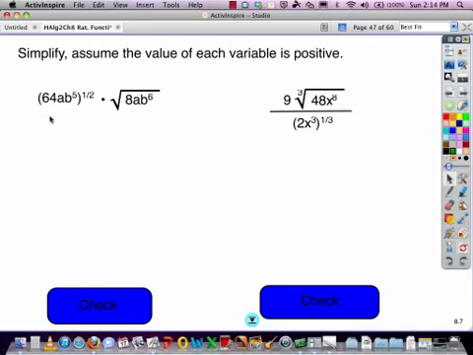Oops. And if we do that and want to rewrite it so that we're looking at the same thing, there's nothing wrong with that. Radical 64ab to the 5th times radical 8ab to the 6th. Now, if it just says simplify and we're looking to go bigger and better, we can.